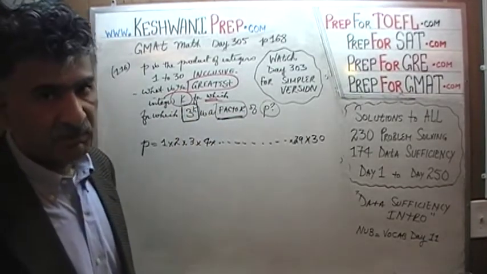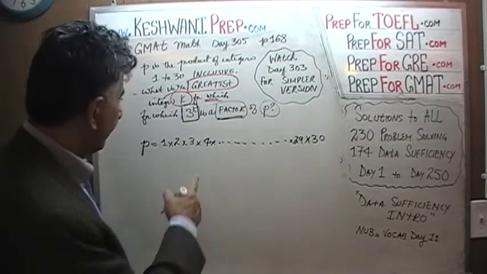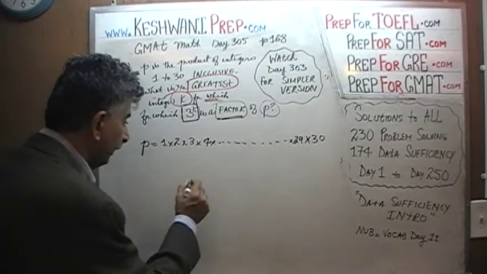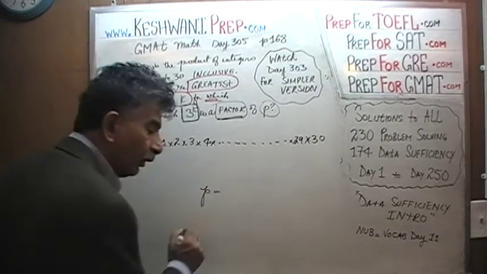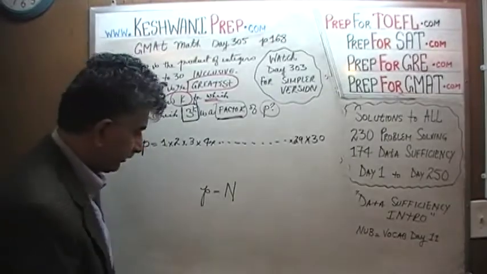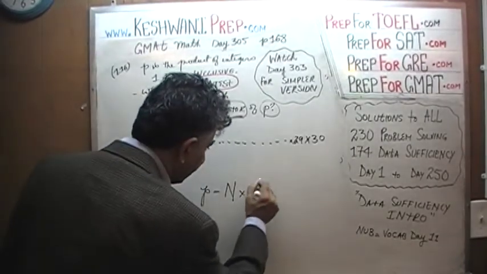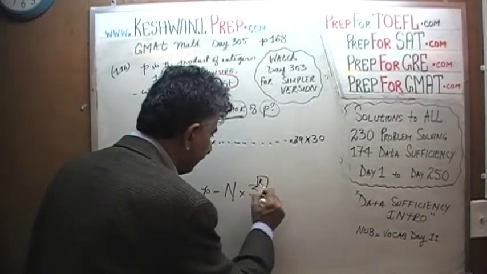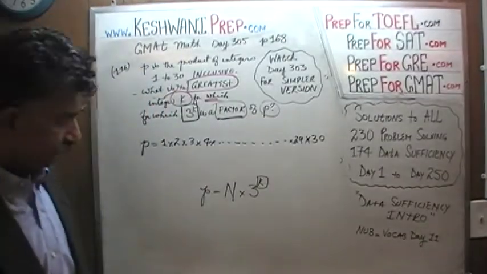Is a factor of P means that P can be evenly divided by 3 raised to k. In other words, what we are being told here is that the quantity P can be written as some integer n times 3 raised to k. Our job is to find out the greatest possible value of k.